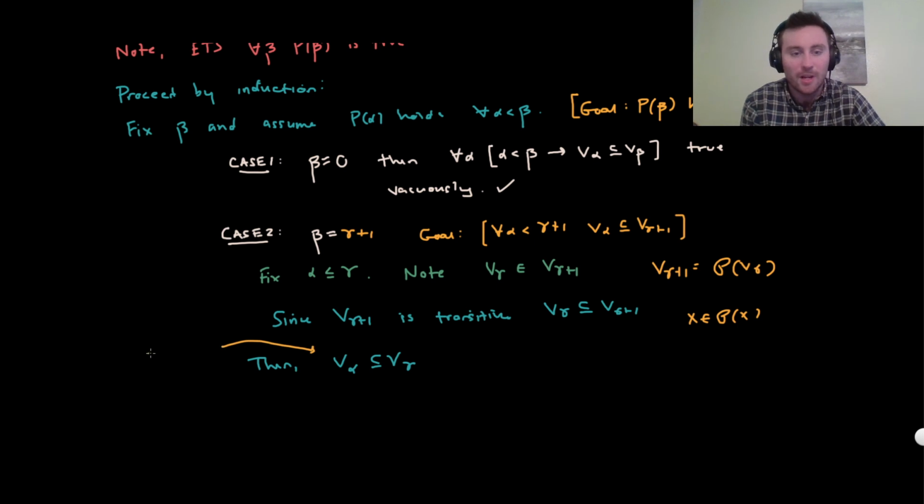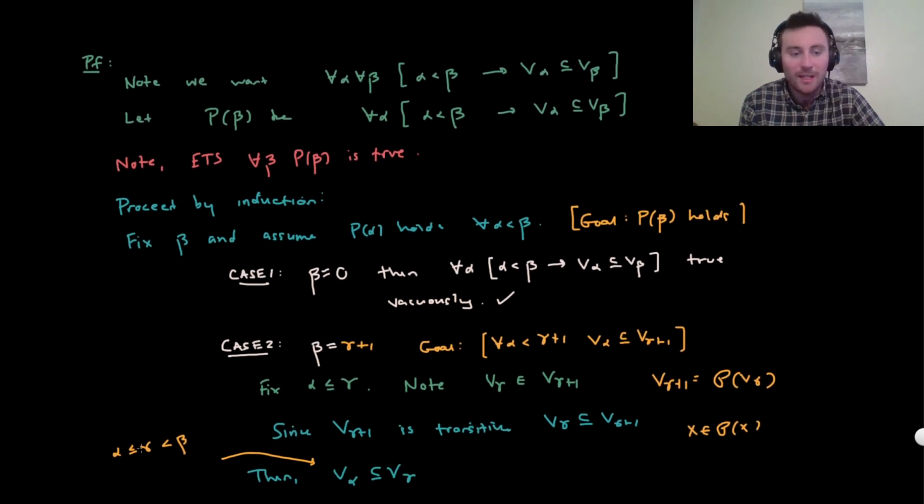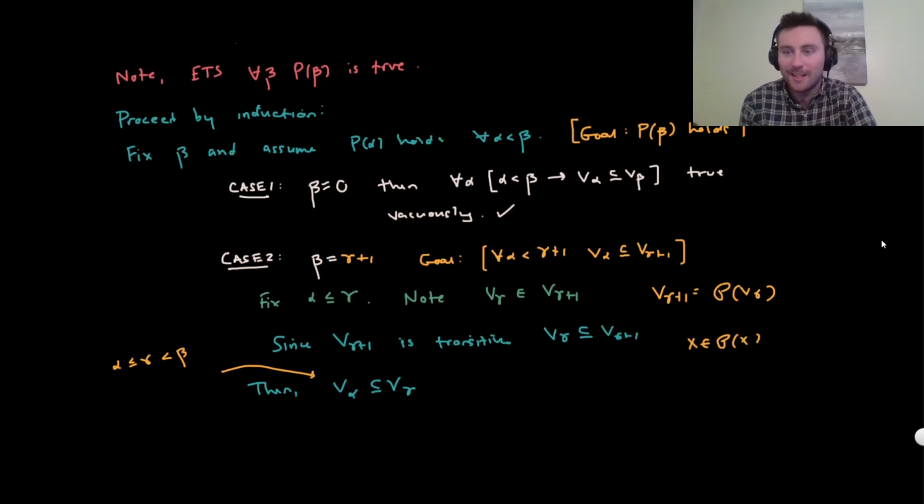We're using the induction hypothesis. Alpha and gamma are both less than beta. And what are we assuming? We're assuming that for all alpha less than beta, P alpha holds. And what does that statement mean? Since we have this relation, what we know in particular is that P gamma is true.